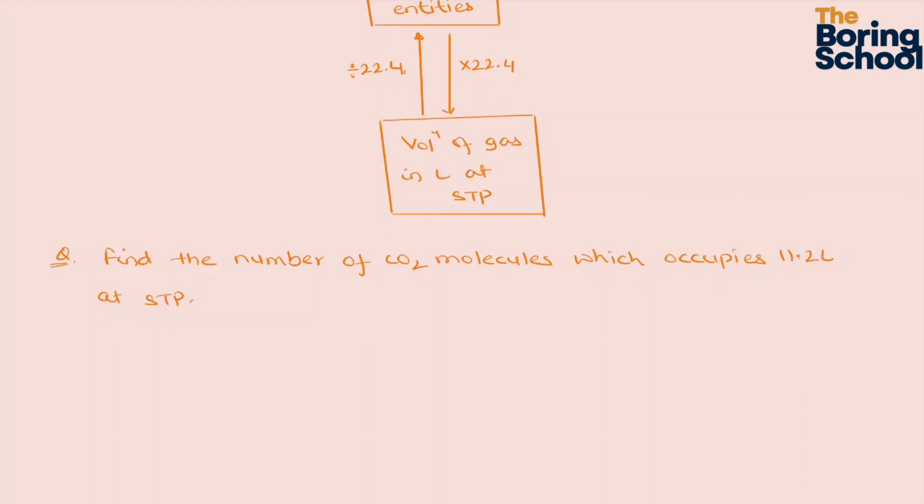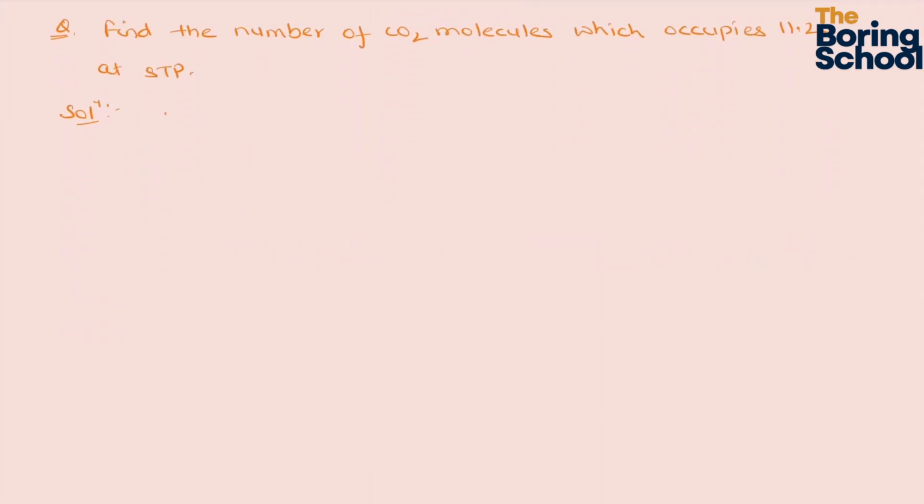So in this question, volume is given at STP condition and they're asking what is the number of molecules. How will you solve? The approach will be using the Y map, which says from volume, first I have to calculate number of moles, and from moles we can calculate number of molecules.